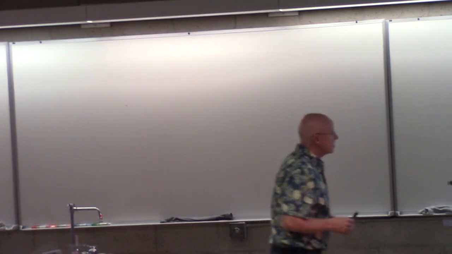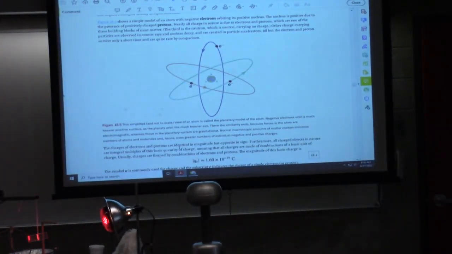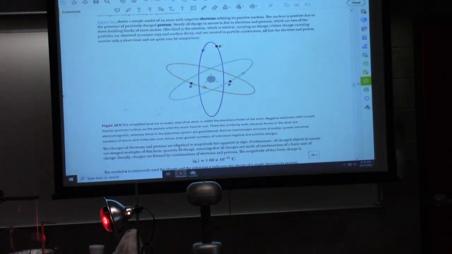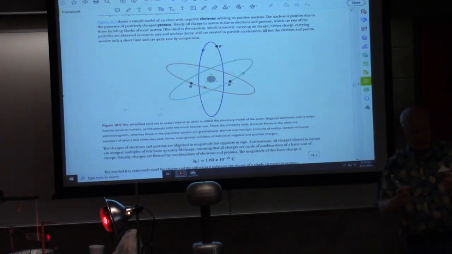And so your author starts right here, it's figure 5, and he says, what does an atom look like? And this is perhaps overly simplified, but it's a nice picture of what we need.